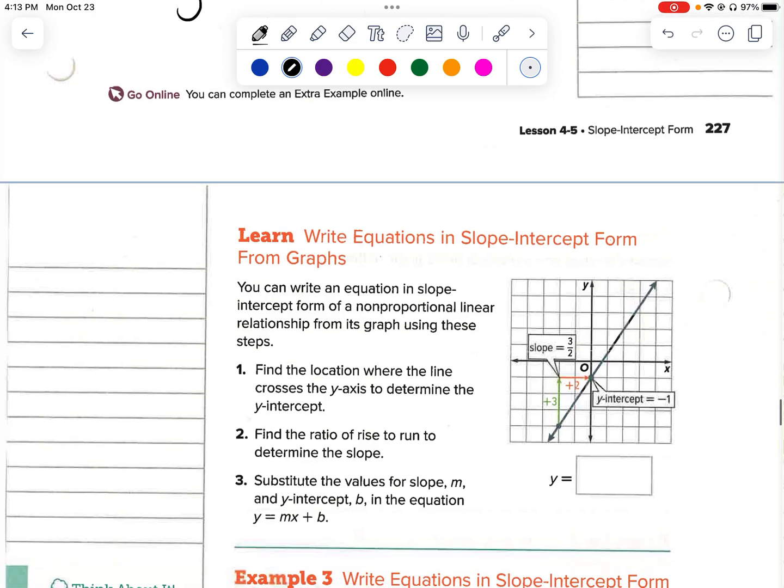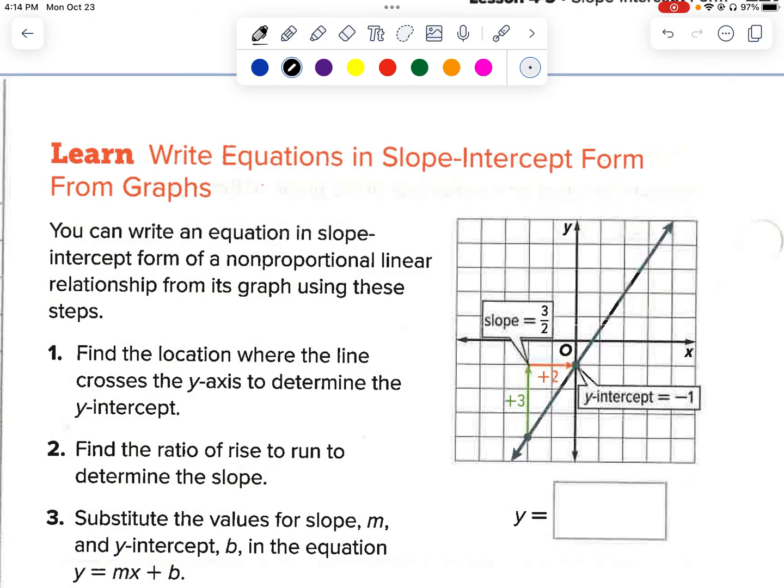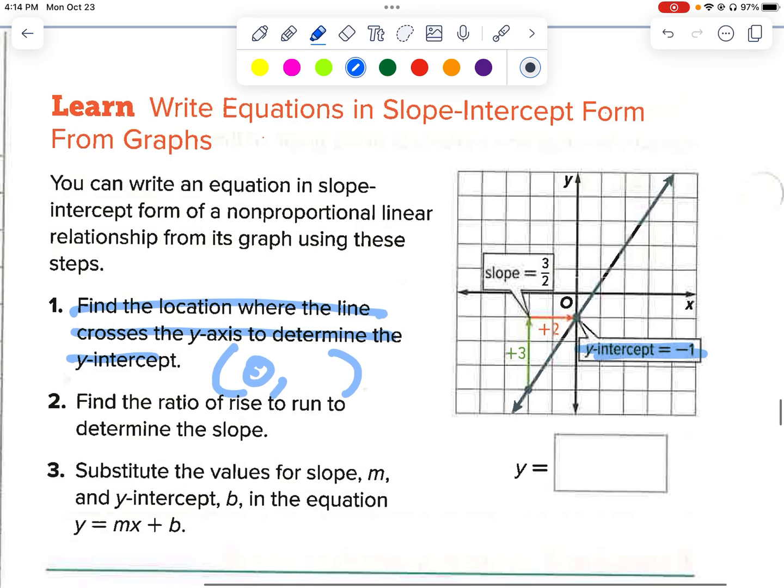Next. Now, when I'm looking at a graph, the first thing, okay, I'm going to read this. The first thing that you have to do is find the location where the line crosses the y-axis. So this is what we're going to find first. Why do I want to do that? Because that's my y-intercept. So this right here is my y-intercept. I'm going to put my -1 right there.